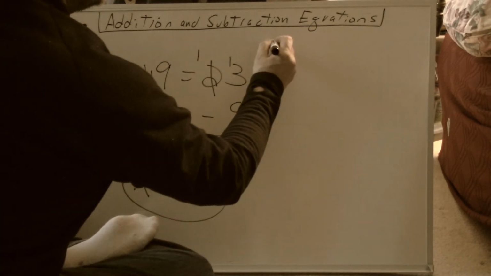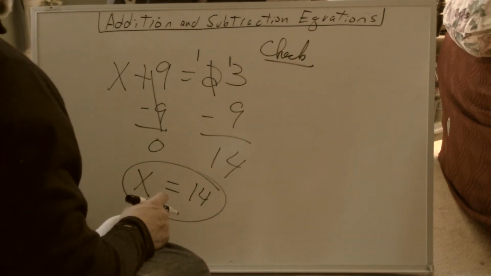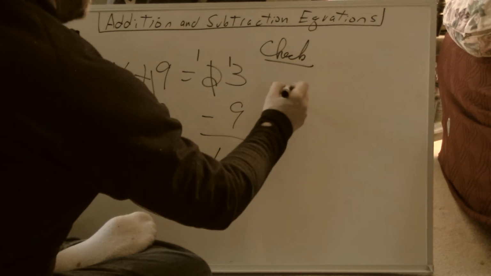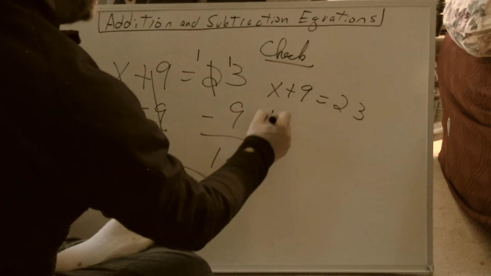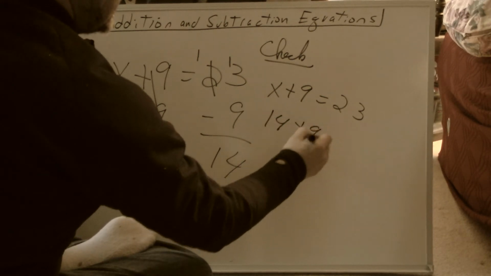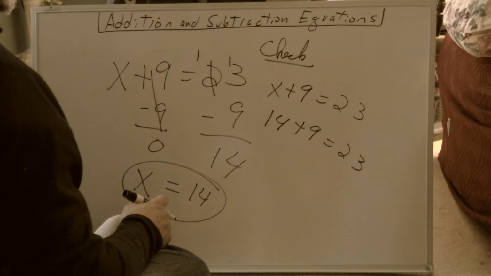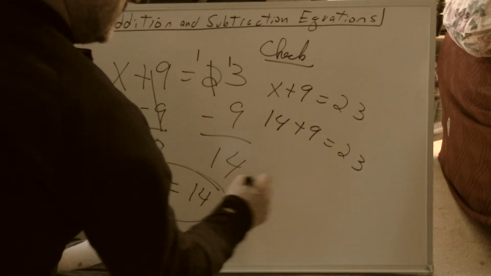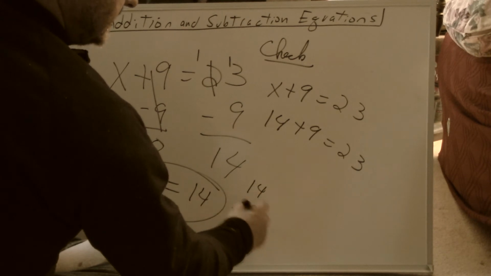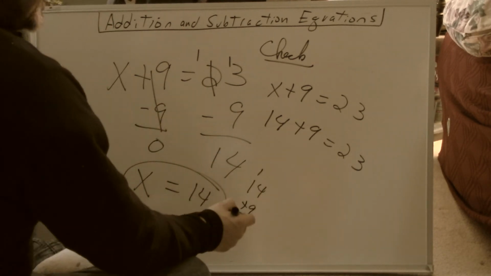Now, let's say you want to check it. And you should. You don't always have to, but you should. Your teacher might ask you to do it. X plus 9 equals 23. Take the 14, put it in there. 9 plus 14. Let's see. 14, 9 plus 9, 10, 11, 12, 13. 1 and 1 is 2.